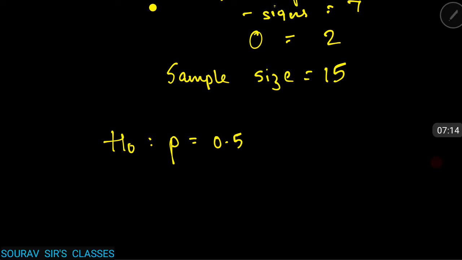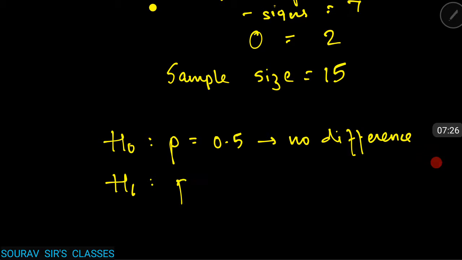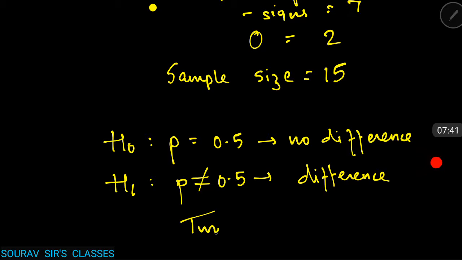There is no difference between the collections. And alternative hypothesis H1, P not equal to 0.5, there is a difference. It is a case of two-tailed test.